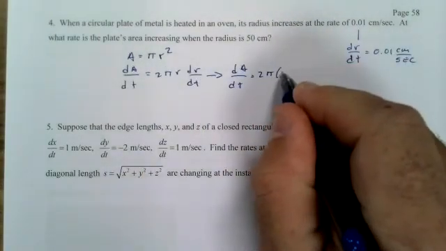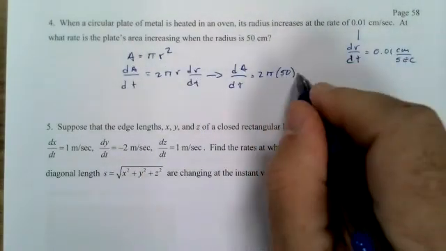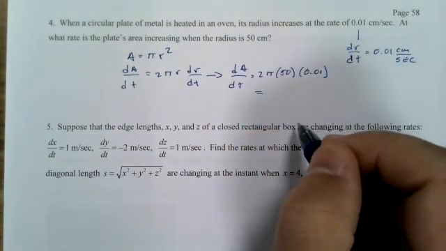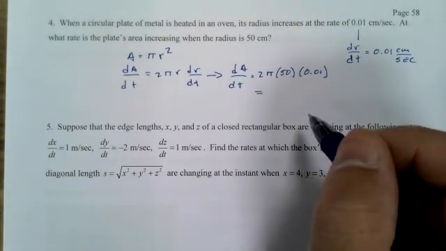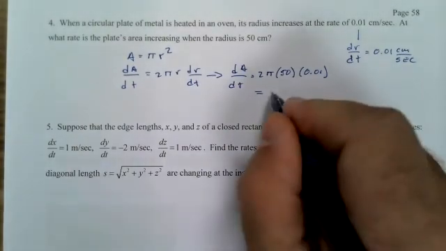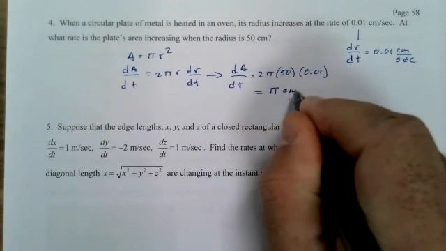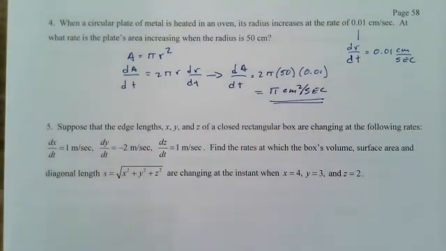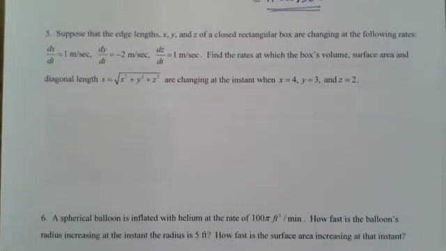Everything's in centimeters, no conversions. So 50, 0.01 equals, if I'm not mistaken, pi centimeters squared per second. Careful with the units, but they usually work out.